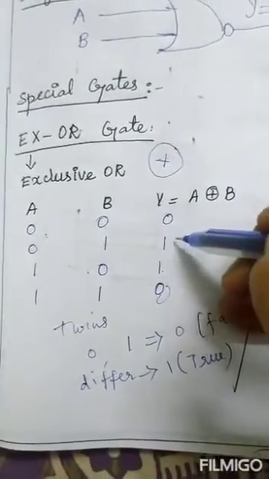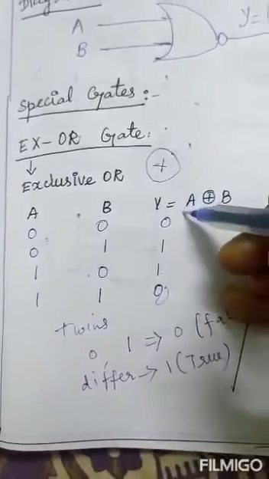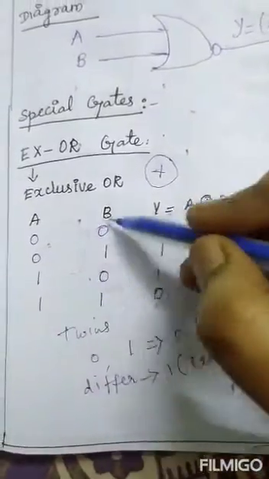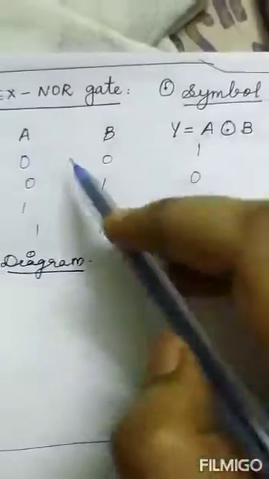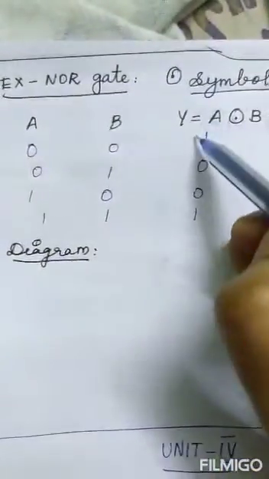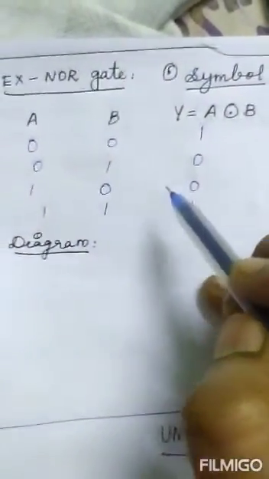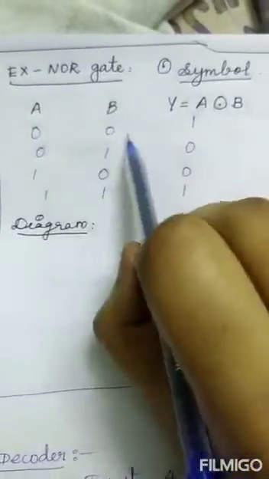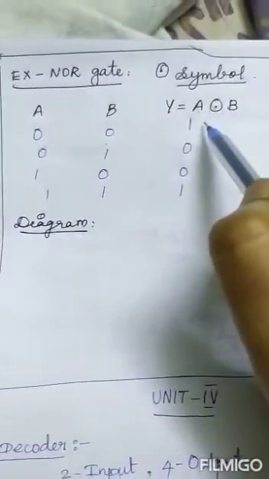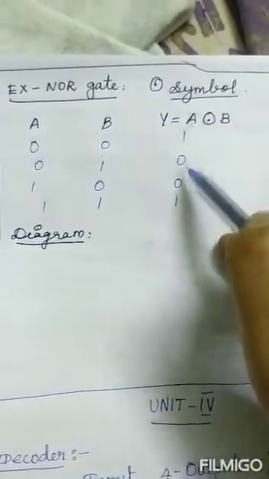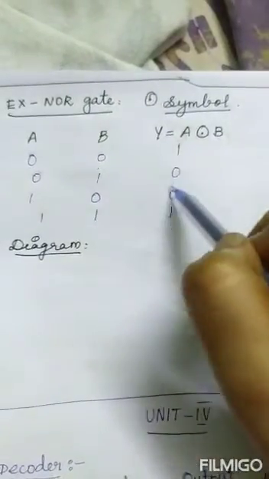In XOR gate I told you the output will become false only when both the inputs are the same, twins like. But in XNOR gate the output will be true only when both the inputs are twins like. Here both the inputs are the same, so I have made the output true, 1, 1. The other outputs are 0.